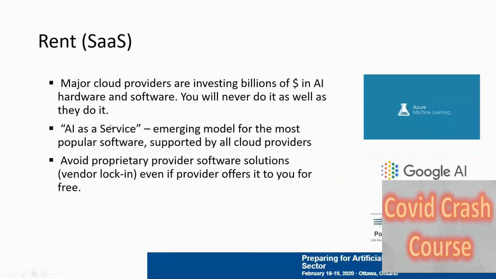So the last way of doing it is just to rent it in a software as a service, or SaaS, model. There are major vendors, Google, Amazon, Azure, who have invested a huge amount of money in developing AI environments. It's probably the environments they use to power their own global, potentially sinister AI operations.